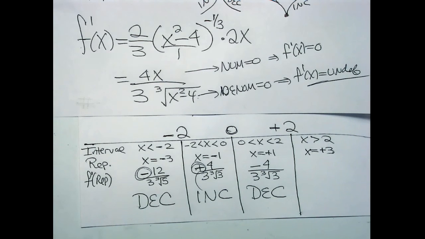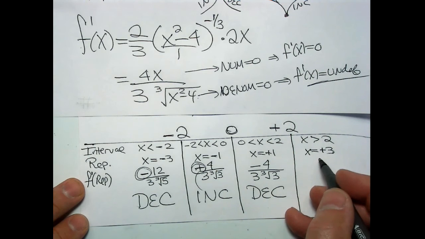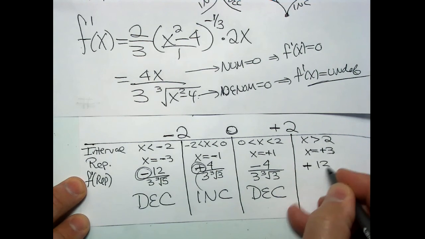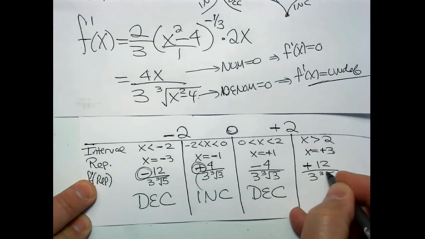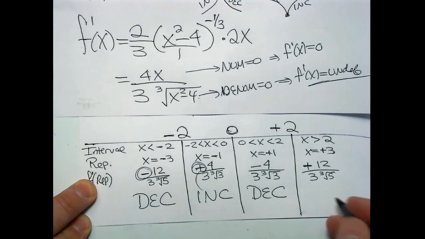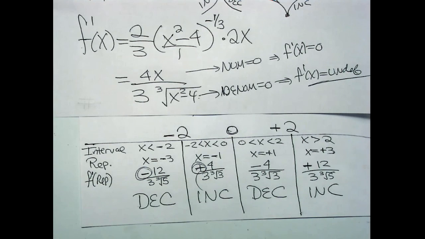And finally, let's put the 3 in there. And just to save you some time, you would get positive 12 over 3 cube roots of 5. Symmetrical, it works the same as that one. So we have a curve which decreases, increases, decreases, increases.